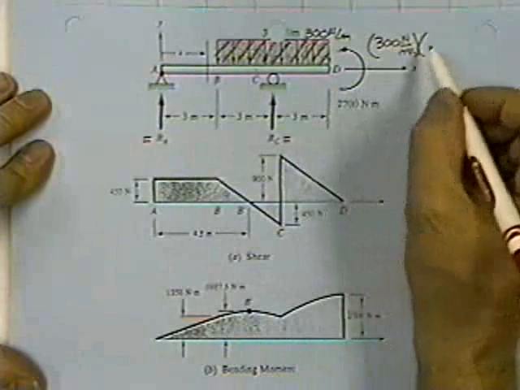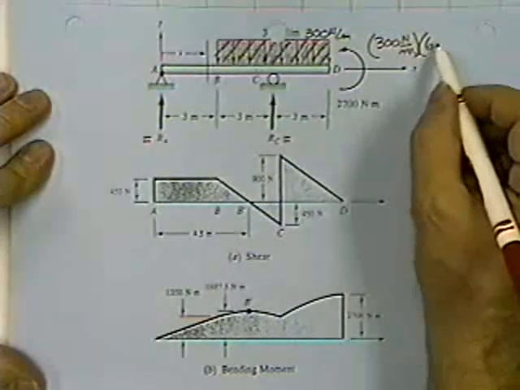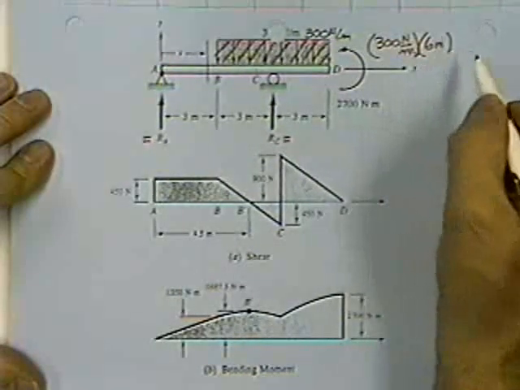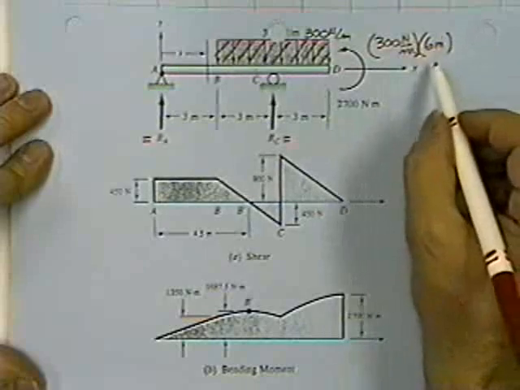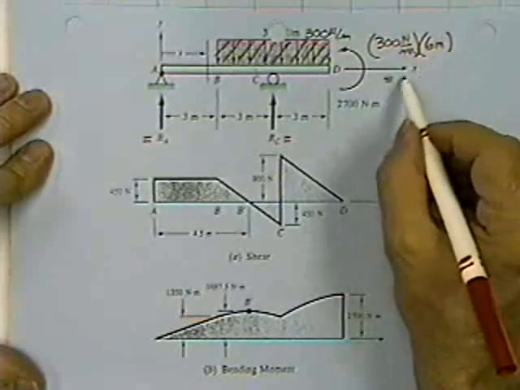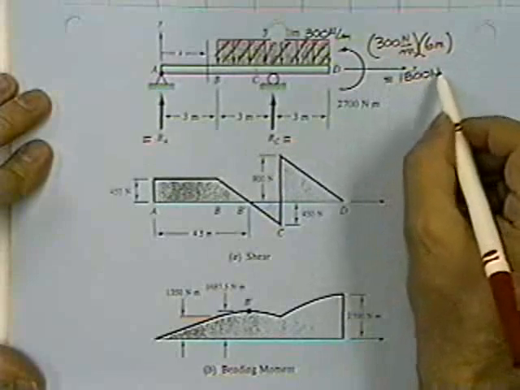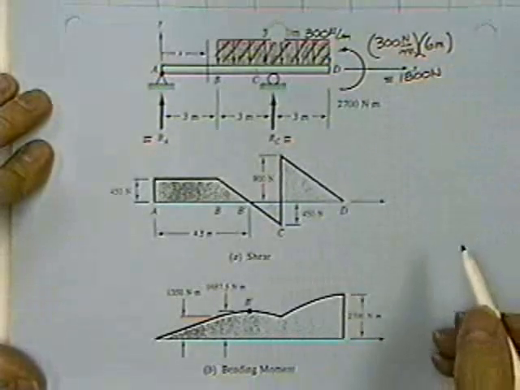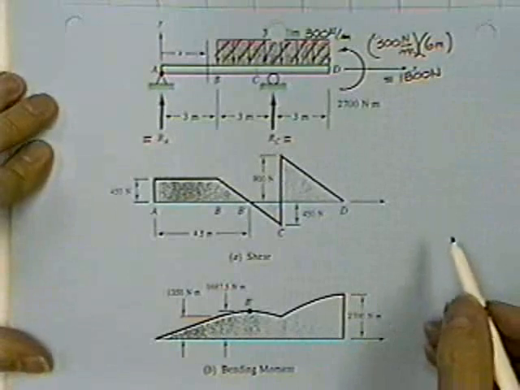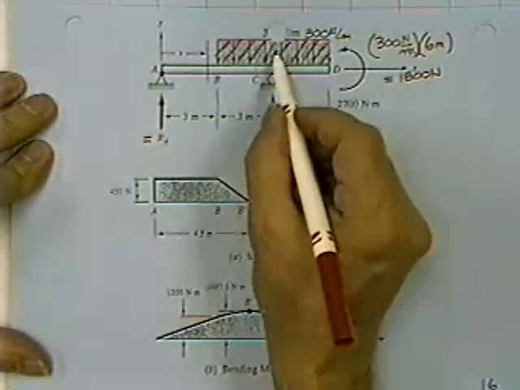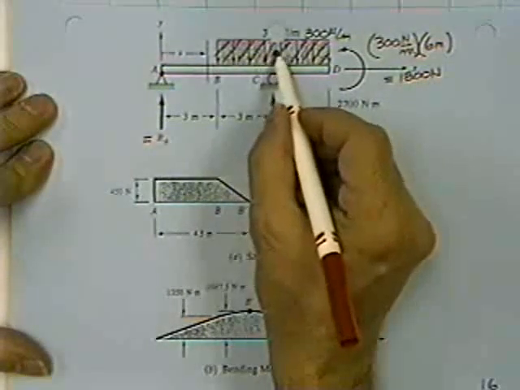That's the height of a rectangle. The base is 6 meters across. That's the base of the rectangle. And therefore that's equal to 1,800 newtons. And I'm just going to put it at the centroid.